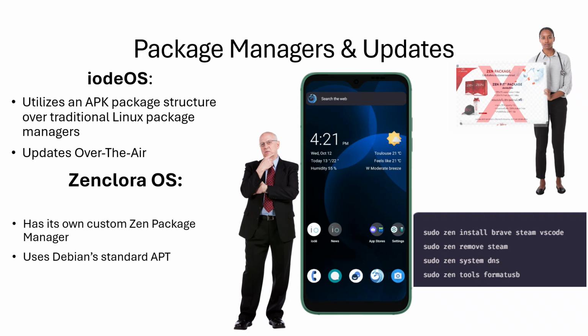On the other hand, Zenclora OS is built on Debian. It utilizes the tried and true apt package manager, but pairs it with its own custom tool called the Zen Package Manager, or ZPM. ZPM unifies system commands, making software installation incredibly fast. As you can see on the bottom right of the screen, these are some examples of how you could type into the terminal using Zenclora.